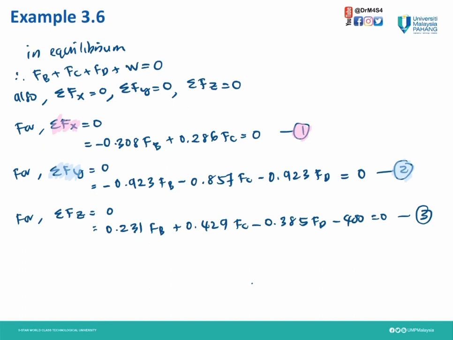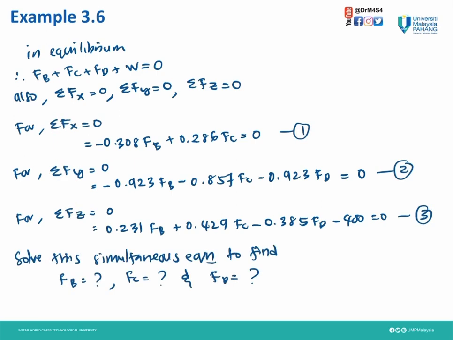Do the same for Fz. So we have another equation. So we have 3 equations, and we have to solve them. By solving these simultaneous equations, we can get our FB, our FC, and our FD.